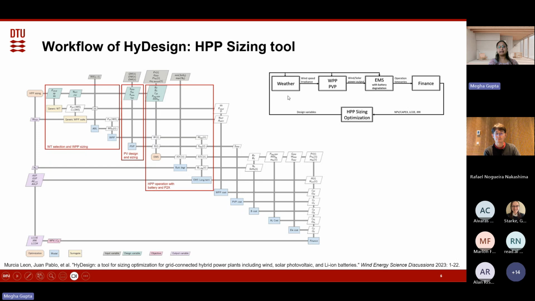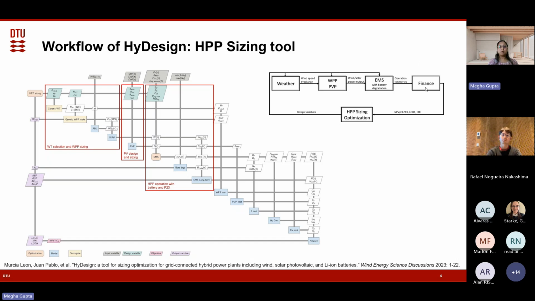Once we have the wind speed and the solar irradiance for that location, the next components, the wind power plant design modules and PV plant design modules, will convert that weather data into the equivalent power output profiles. And then we have the energy management system, which uses the available wind and solar power and decides the operation of these components, like when to charge the battery, when to discharge the battery, or how to participate in the given electricity market or the hydrogen market.